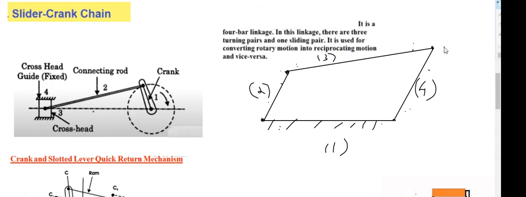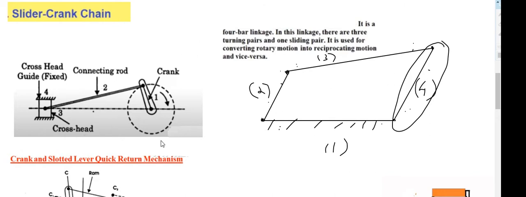If you replace one turning pair with a sliding pair, you will get a slider crank mechanism. That is the definition: replacing one turning pair of a 4-bar mechanism with a sliding pair.